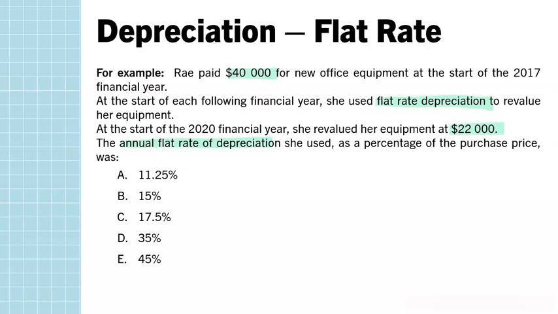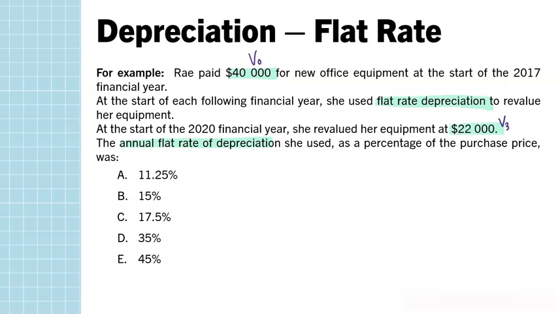So in this question, we've been given quite a bit of information and we need to work out what exactly they're asking us for. In this case, we have an initial value, a V0 value of $40,000. We have a value after 3 years, a V3 value of $22,000.